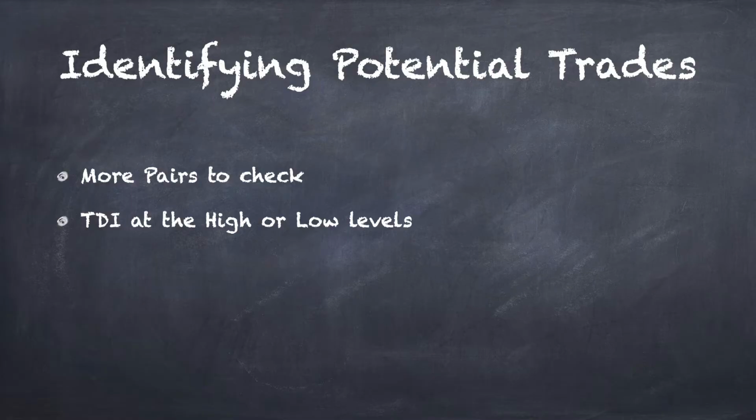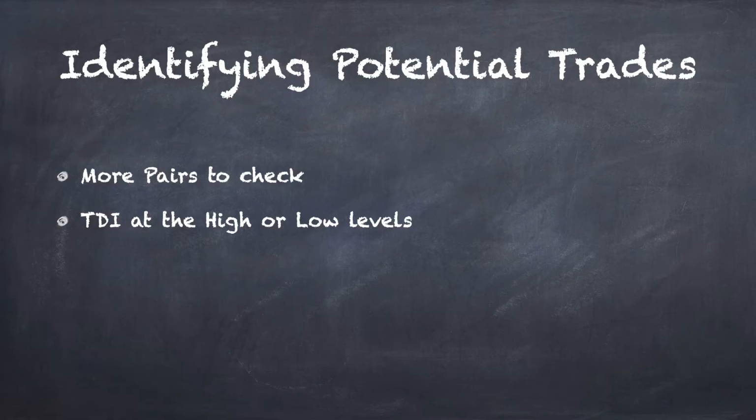Now you may ask yourself, well, why don't we do this on the high or low levels of like a 4-hour chart or a daily chart? It's a great question. Why don't we do it that way? Well, the reason that I don't do it that way is because you get a lot of false positives, essentially, that don't work out.